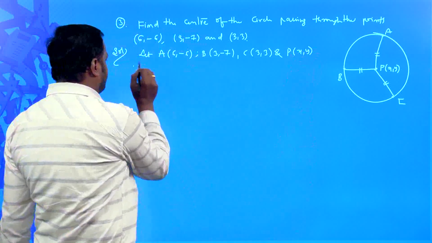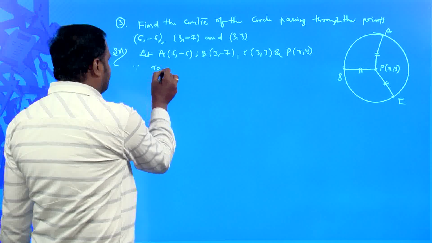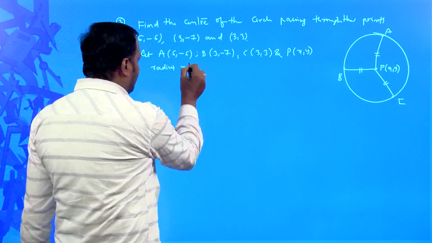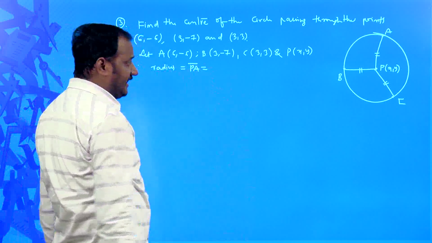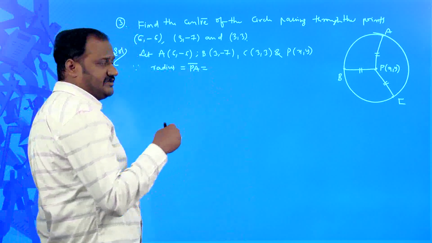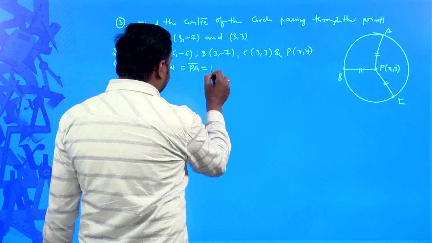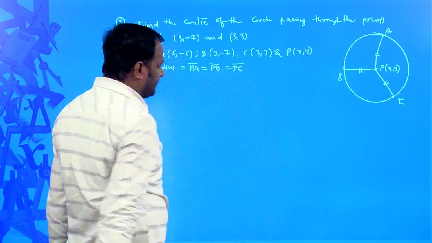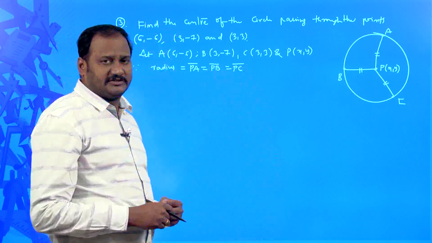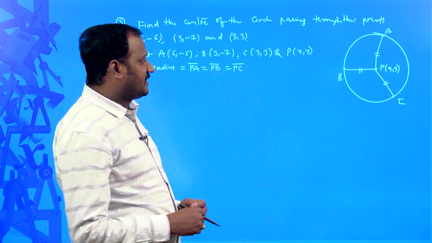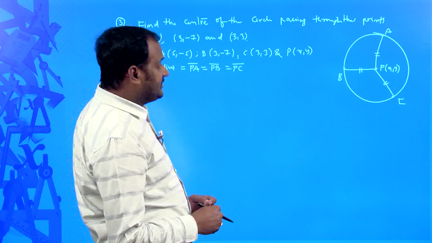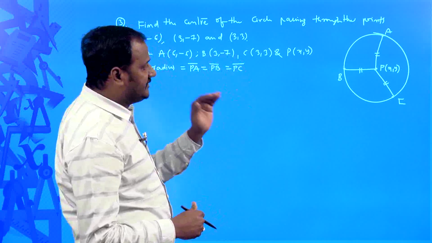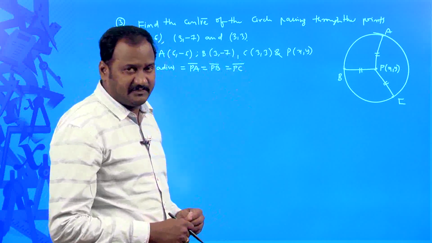The radius is the length of the line segment PA, the distance between P and A, and the distance between P and B, and the distance between P and C, all are equal. Anyway, we know the formula for the radius of the circle, which is the distance between the 2 points P and A, or P and B, or P and C.